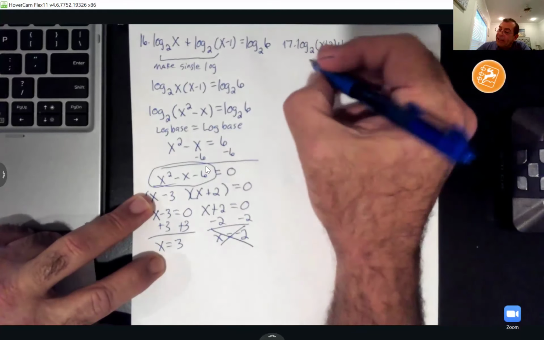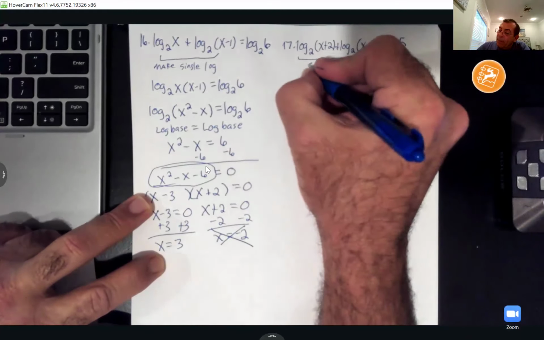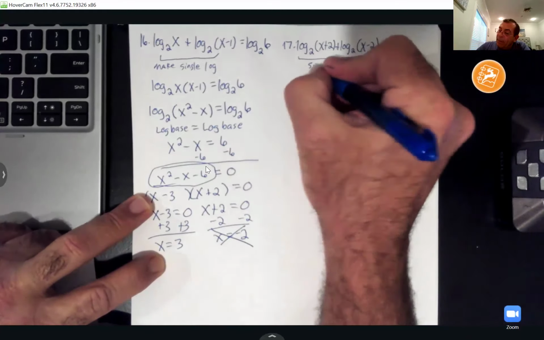All right, so I got to get that single log over here. So to do that, bring out that log base 2. And then they're being added, so remember, it's a product: x plus 2 times x minus 2. All that will equal that 5.